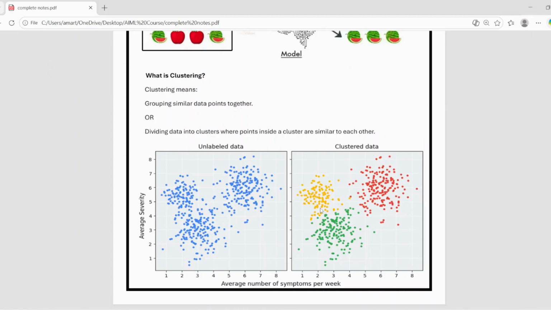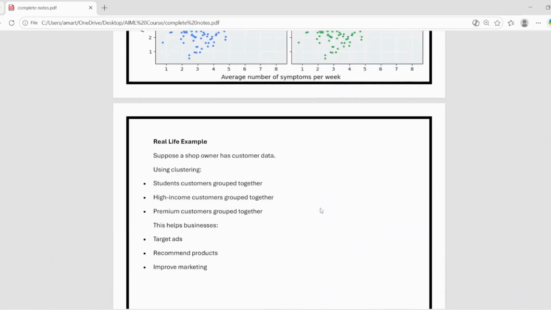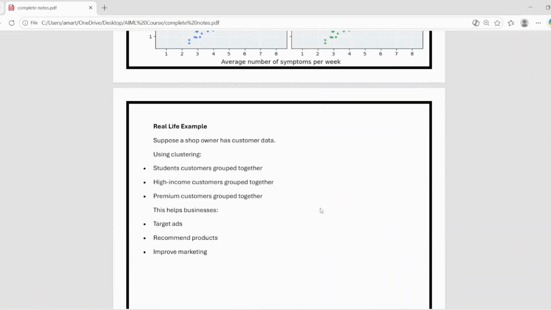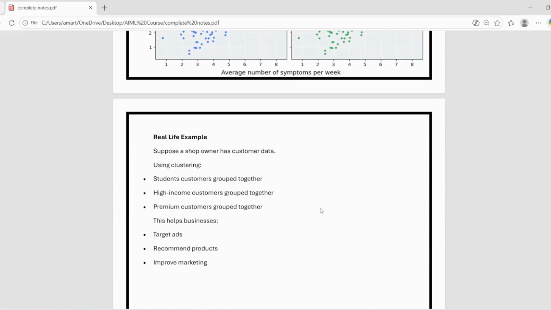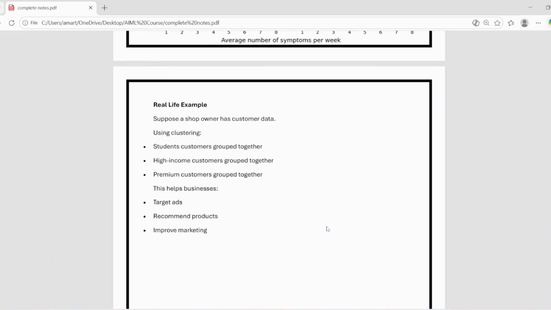Let's understand by a real life example how we can use this. Suppose a shop owner has customer data, showing which type of customers are buying products from him.